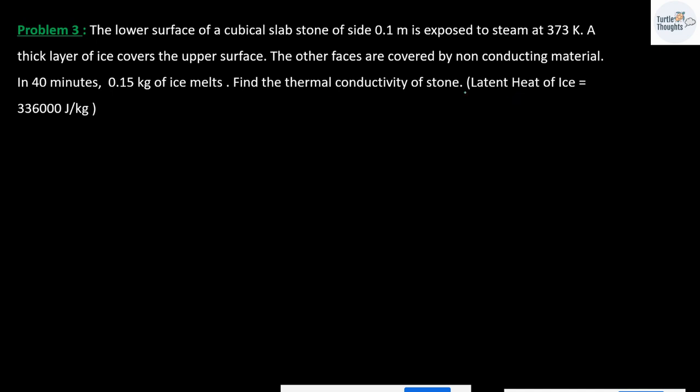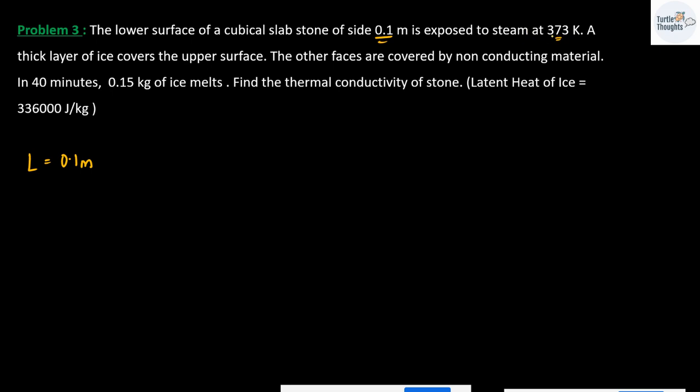Latent heat of ice is given as 3,36,000 joule per kg. Let me start by writing whatever they have given in the question. They are talking about the side length, which is going to be L, 0.1 meter. Since it is in meters, I need not change anything. Next, the temperature is given.